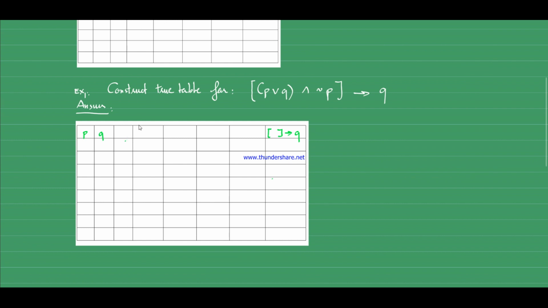So we will have P or Q. Then we have the negation of P. Then we have the bracket, which is the end right here.